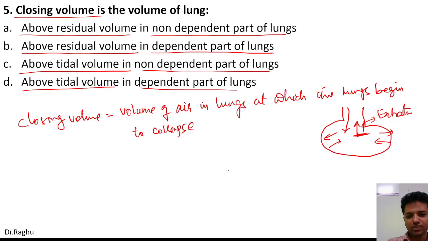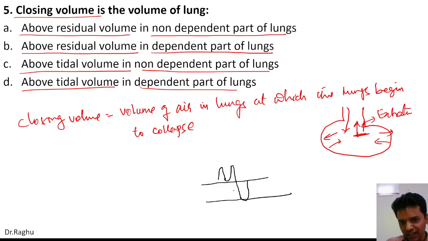So again we will go back to our spirogram. Inspiration, alveoli expand. Expiration, alveoli collapse. Again inspiration, alveoli expand. Expiration, alveoli collapse. If the person is forcefully exhaling, then there is more chance of alveoli getting collapsed.